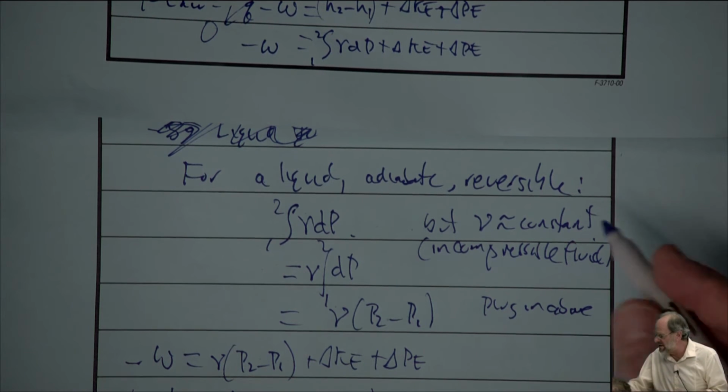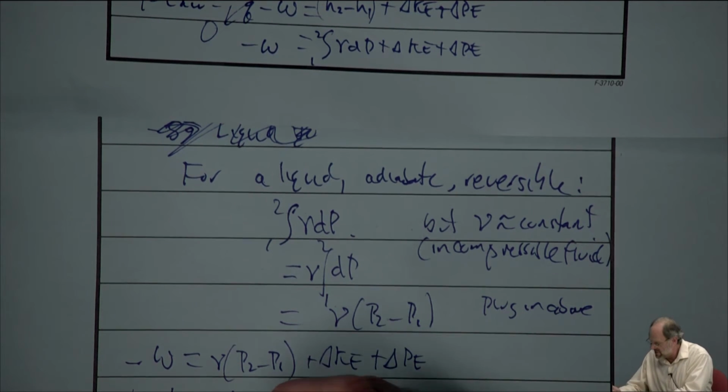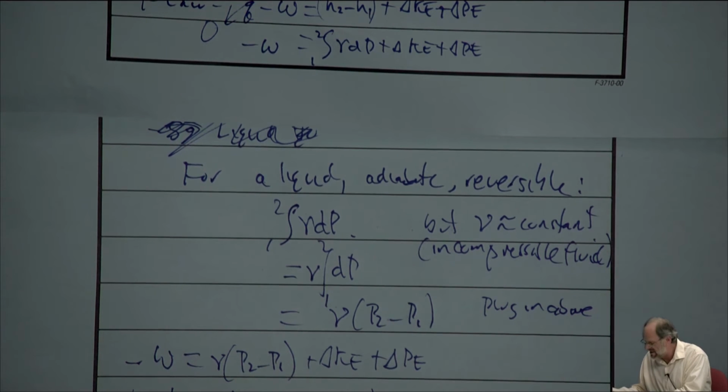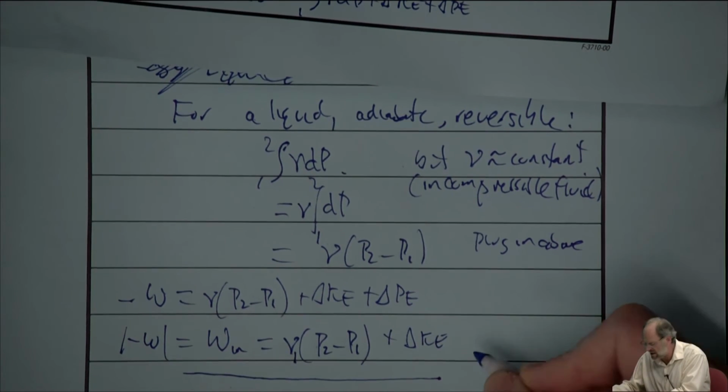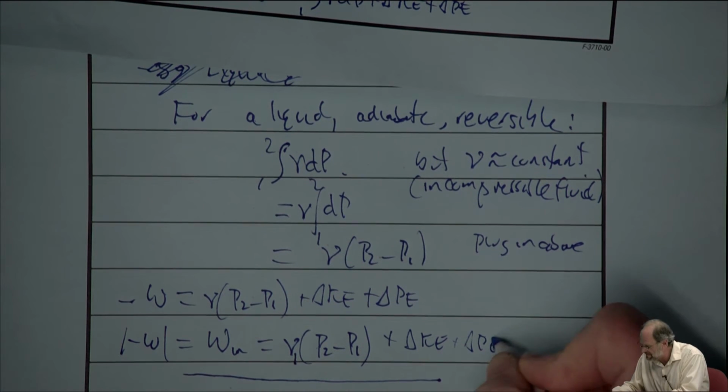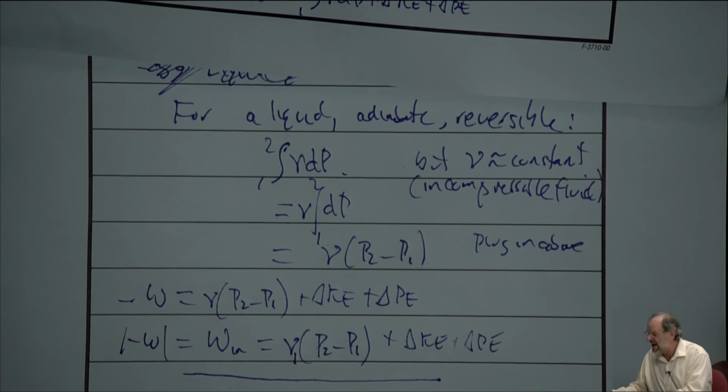But again, V1 is equal to V2. So this is the result. I guess I should include my kinetic and potential energy changes. So if we happen to have steady flow reversible work, if we happen to have a device that moves a liquid in an ideal fashion, then this would apply.